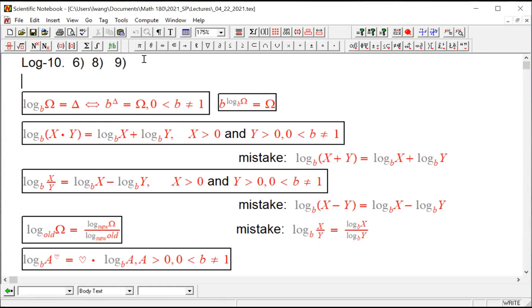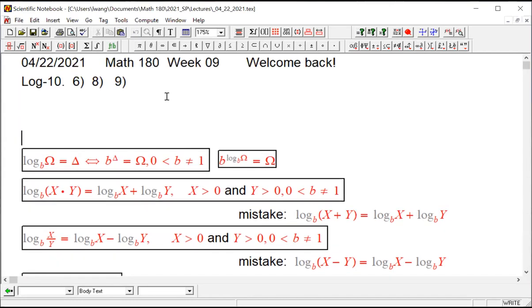So let's continue. Did you guys continue on 6, 8, 9 from yesterday? Okay, so you can keep going. So this is log 10. Number 6, number 8, number 9.